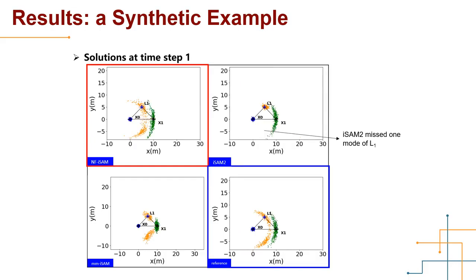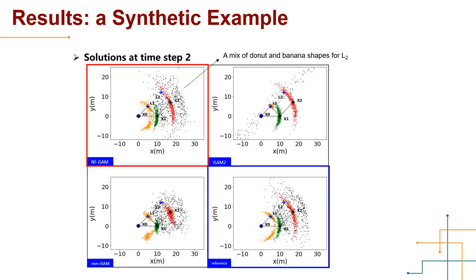At time step 1, there are only 2 range measurements to L1, so its location is supposed to be bimodal. As you can see, iSAM cannot recover the non-Gaussian posterior. The NF-iSAM solution resembles the reference solution very well. And then the robot moves to X2 and starts detecting L2. Samples of L2 are colored in black, samples of X2 are in red.